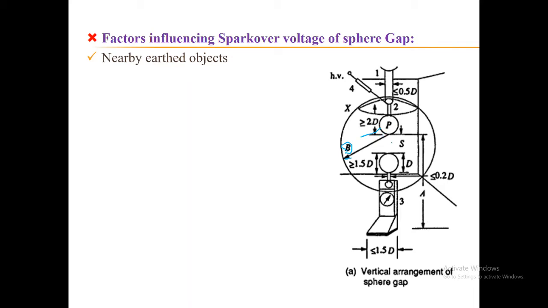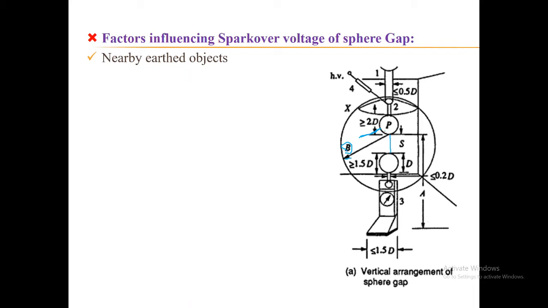Our intention is to create the spark between the two spheres, but because of the nearby earth object, the spark will divert from its original path and create a short circuit between the earth object and the high voltage sphere. Okay, so ultimately it affects measurement accuracy.